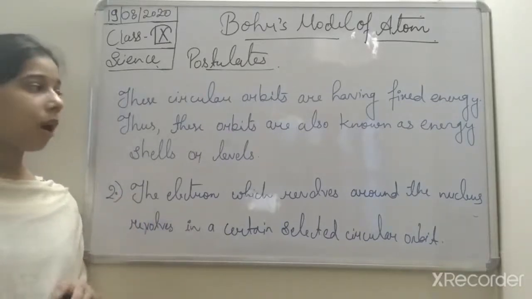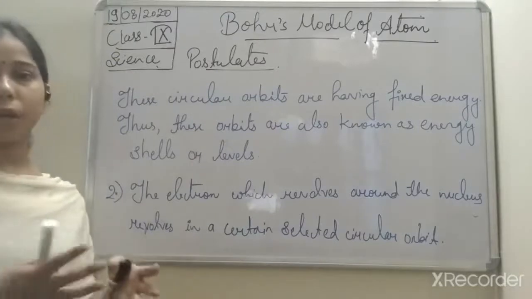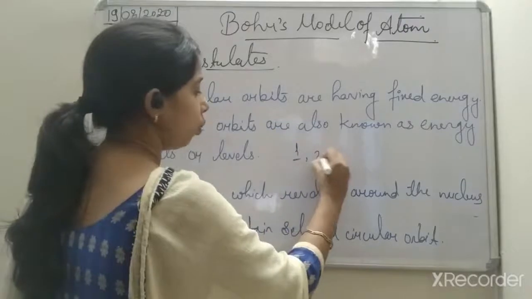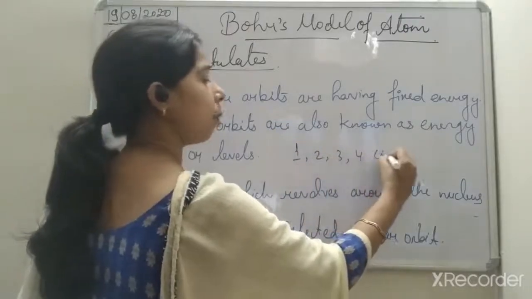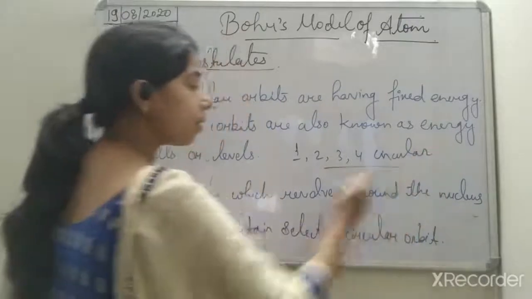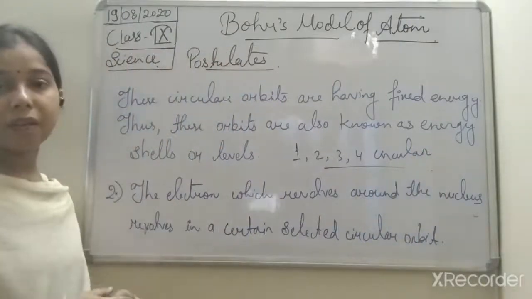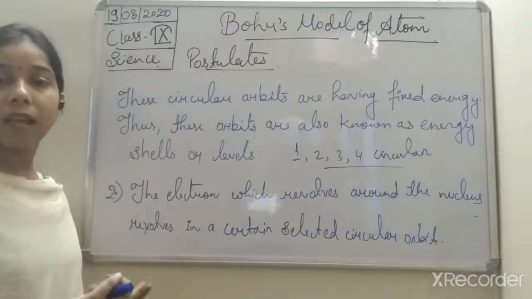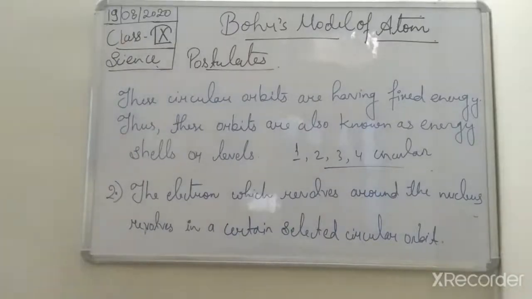Remember that. Now, how many orbits are there? There are a lot of orbits. Like if suppose we will say that there are 1, 2, 3, 4 circular orbits. So there are a lot of orbits, so we had given a name to these circular orbits, and that is KLMN.